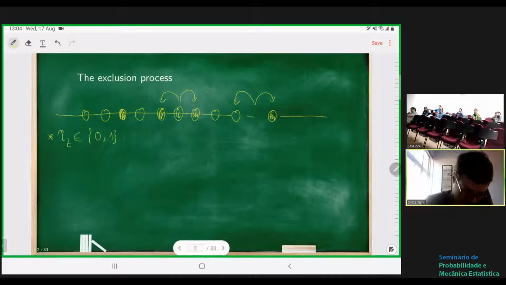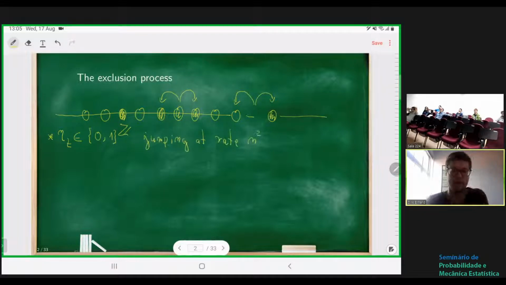We will consider this exclusion process on the discrete line Z. From now on, I want to say that these random walkers all jump at rate n squared. So instead of jumping at rate 1, all the walkers jump at rate n squared, where n is a parameter of the model that will later go to infinity. So you see already some kind of diffusive scaling appearing here.